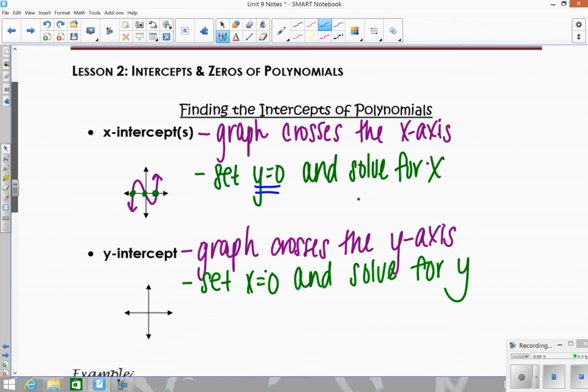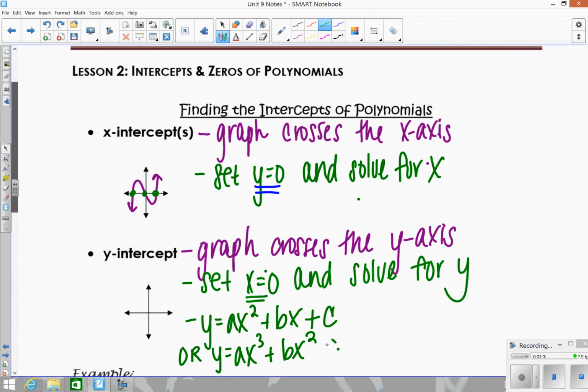than finding the x-intercepts, because if you have some polynomial, so let's say I have y equals ax squared plus bx plus c, or I have y equals ax to the third plus bx squared plus cx plus d.